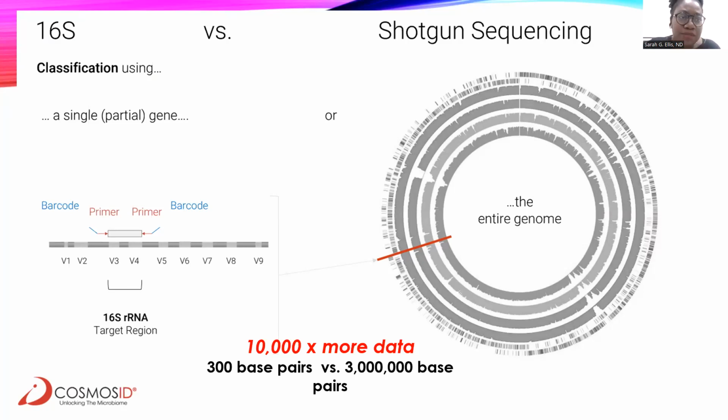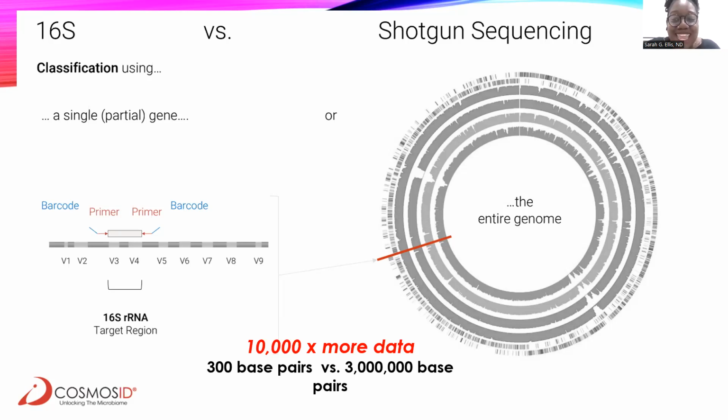Well, why is this important? Well, here on the left, 16S is only one gene. It's the 16S gene. And you can see here that the 16S gene is actually denoted with this red line on the whole genome infographic. And we've actually been able to pull it out here. So 16S only analyzes about 300 base pairs.